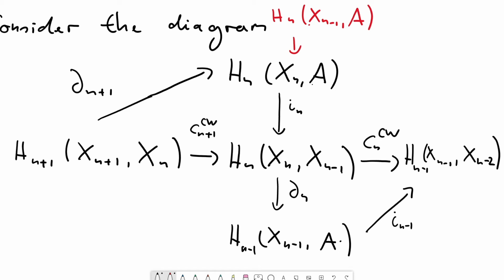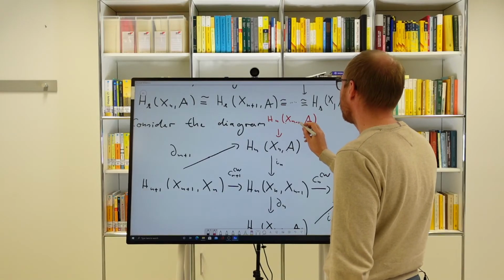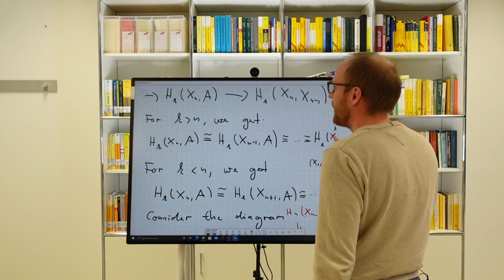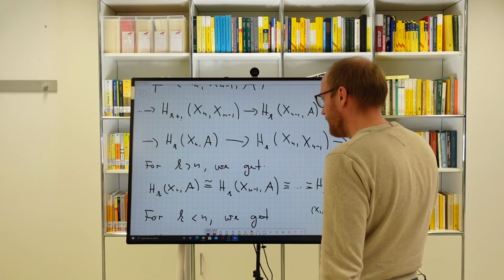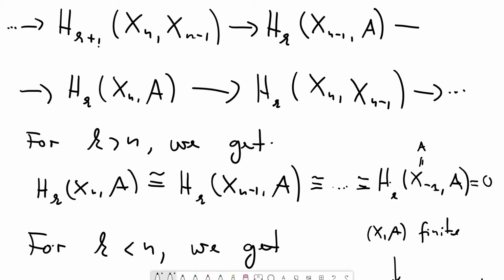And now we use something that we just discussed. So now the degree here is one larger than the dimension of the skeleton here. And so we use the first isomorphism we have obtained here. This is this case here. If this k here is bigger than this n here, then this is just 0.